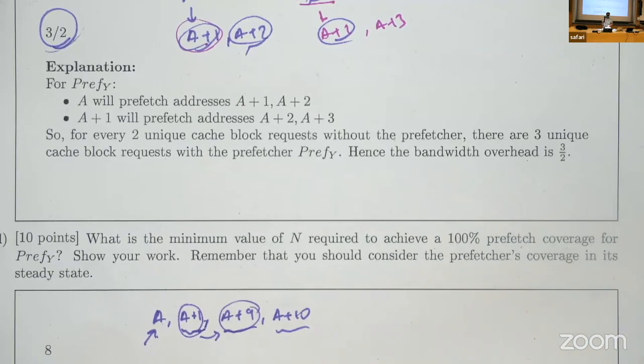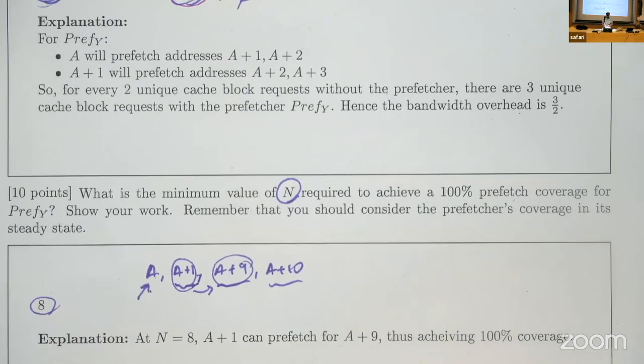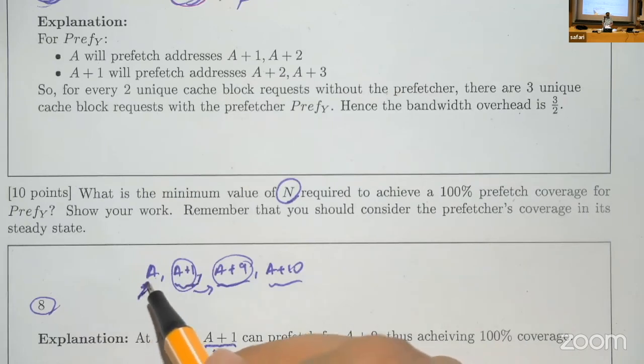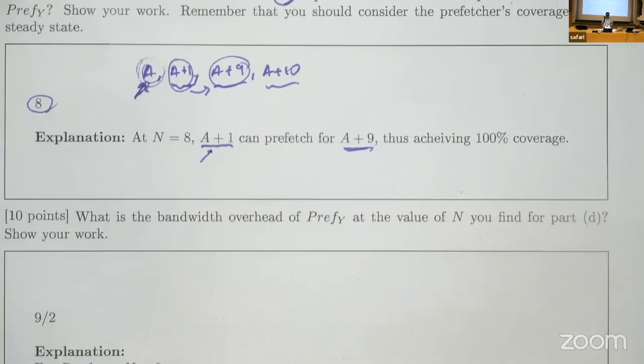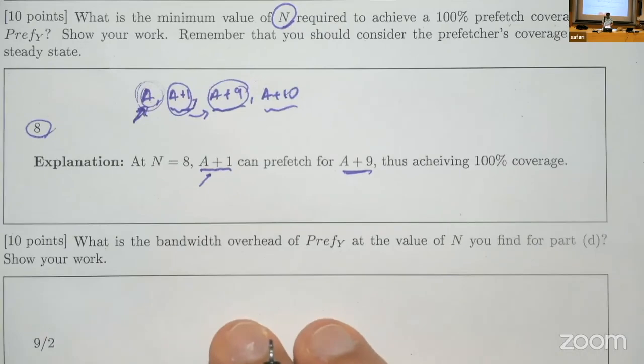So to do that with this kind of prefetcher, we need to set n to 8 so that we can prefetch A+1 within the prefetches for A and A+9 within the prefetches for A+1.